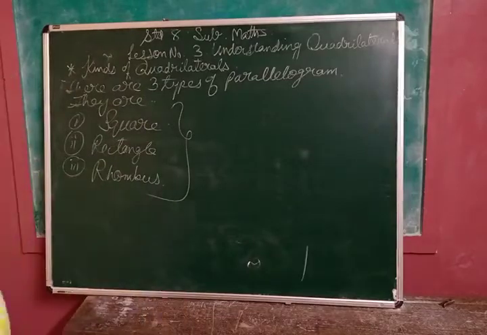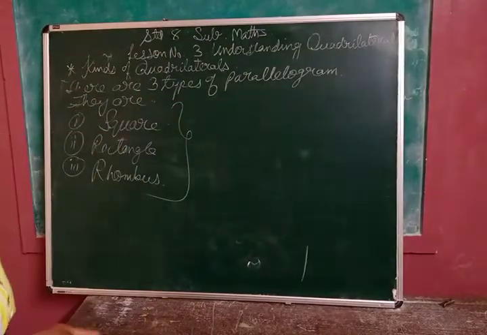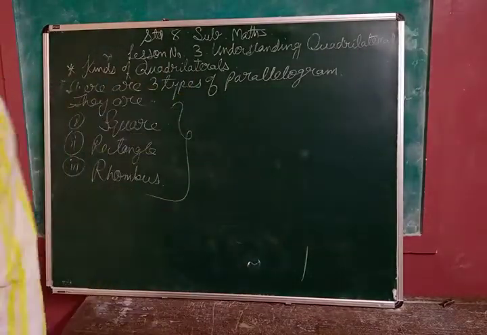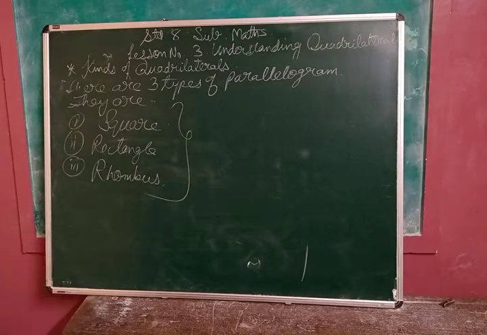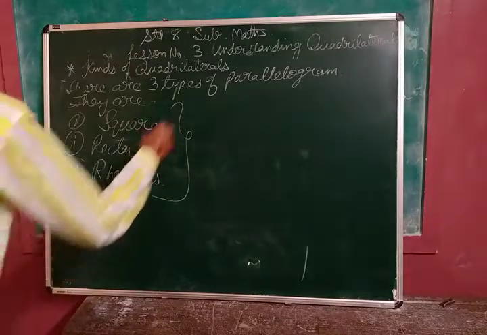Square is also known as parallelogram, rectangle is also known as parallelogram, rhombus is also known as parallelogram. Why are they called square, why are they called rectangle, and why are they called rhombus? Let us see.